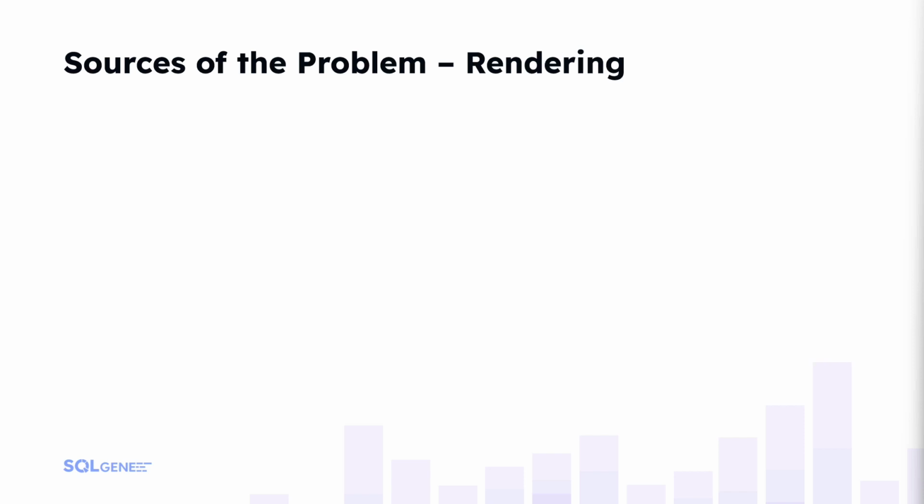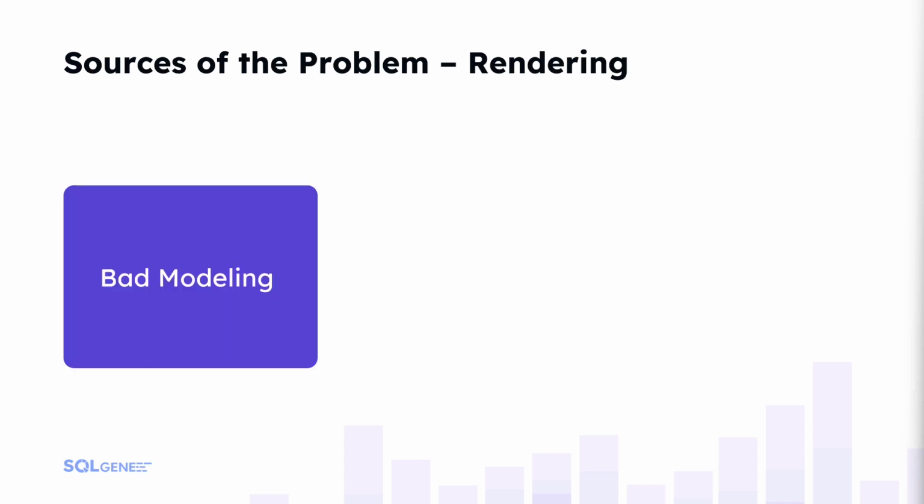On the other side of the fence is rendering. Issues with rendering tend to be a little bit more tricky to narrow down. The first thing to consider, bad modeling, specifically modeling that is bad for Power BI. As I said, one big table is great for working in Excel, and complex relationships are great for transactional databases, but neither are ideal for Power BI.